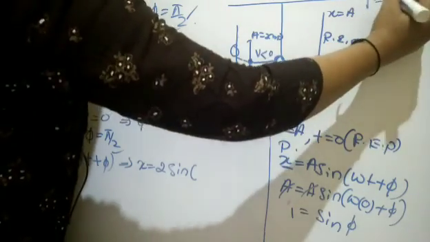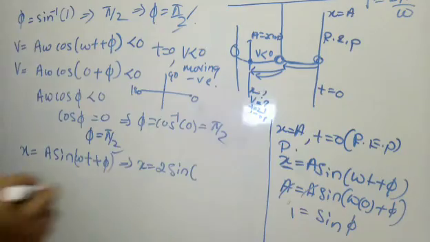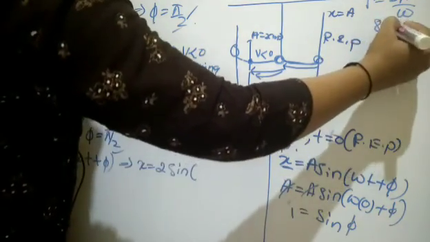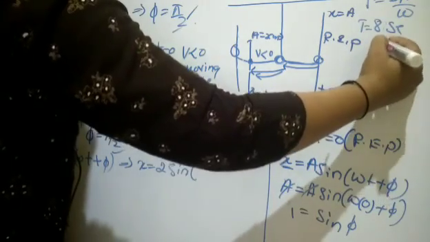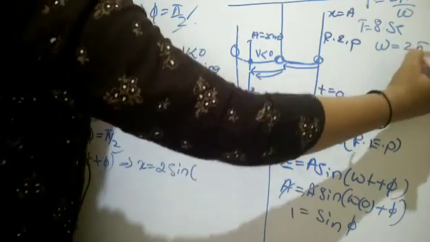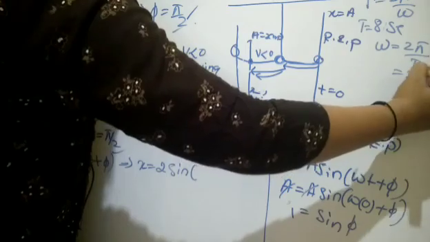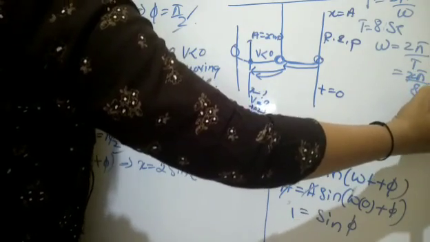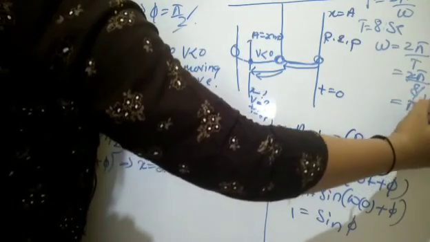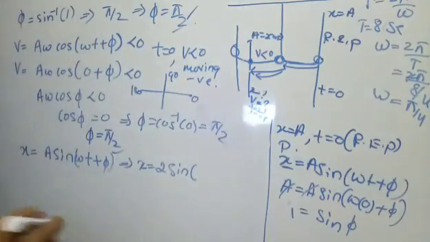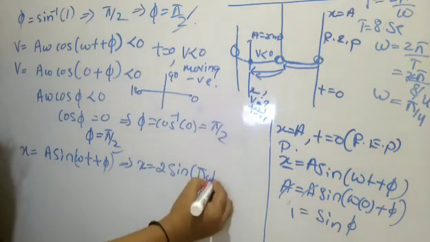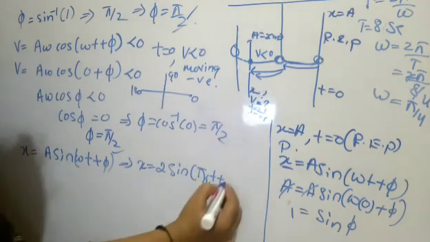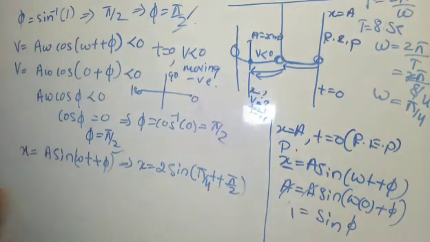T is given by 2 pi by omega, right? So the time period is given here as 8 seconds, that is omega is equal to 2 pi by T. So 2 pi by 8, 2 ones are 2, 2 fours are 8. So omega is equal to pi by 4. I will write it here, pi by 4 t plus pi by 2.